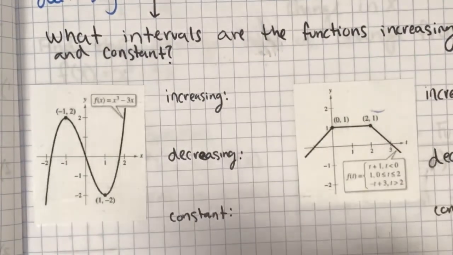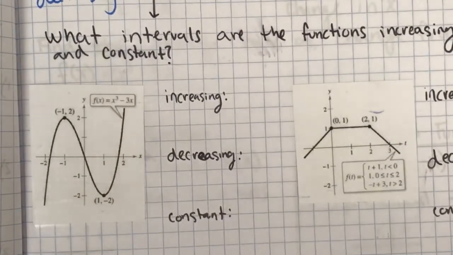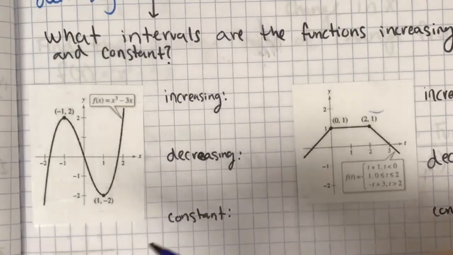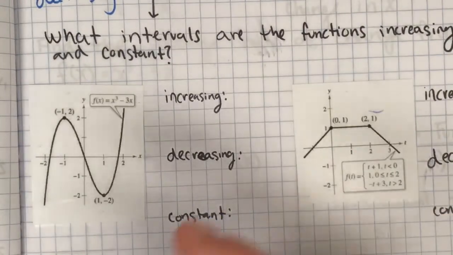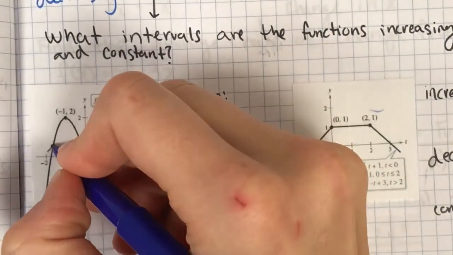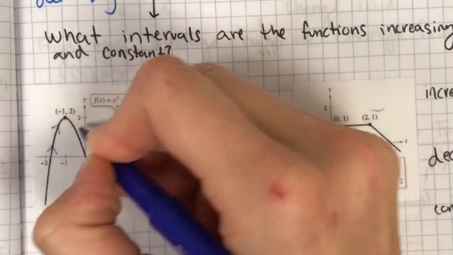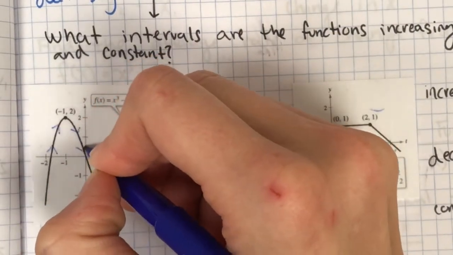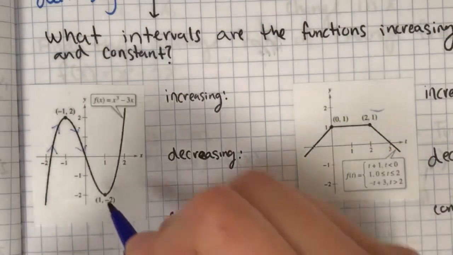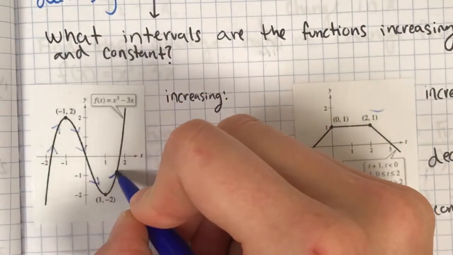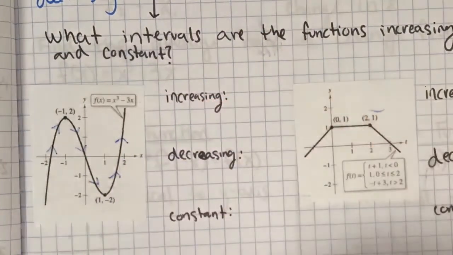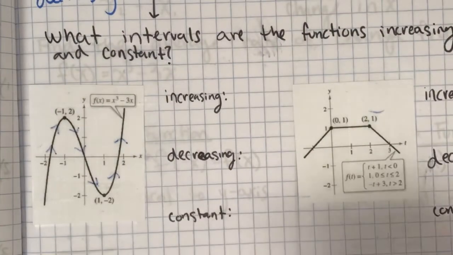So sometimes it's easy to kind of color code a little bit, or I like to kind of draw arrows onto my functions thinking, okay, how is this going? And I always draw them left to right. It kind of helps a little bit figure out how my function is going, okay? And you always go left to right.